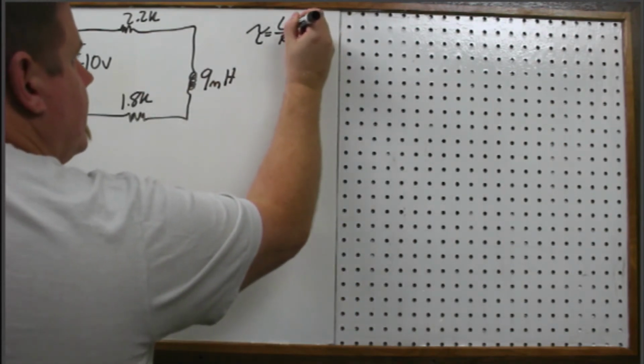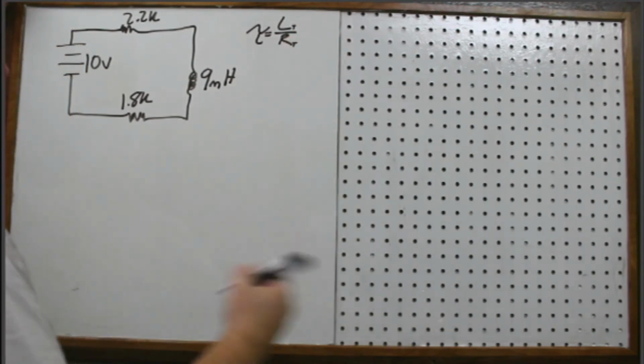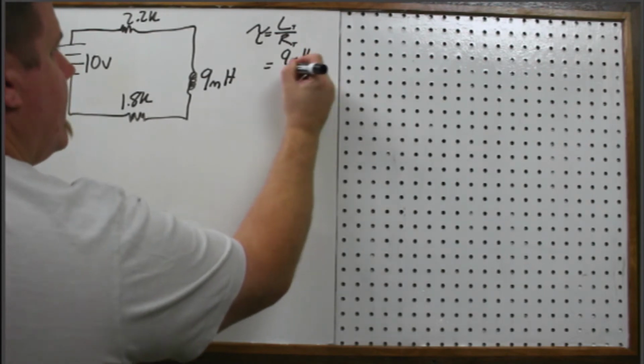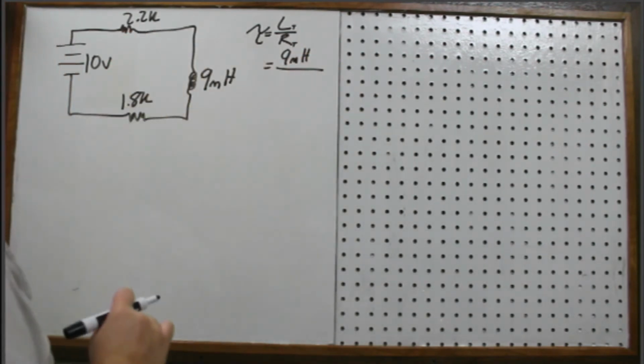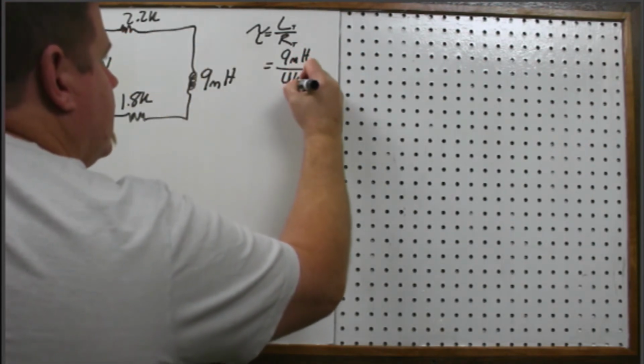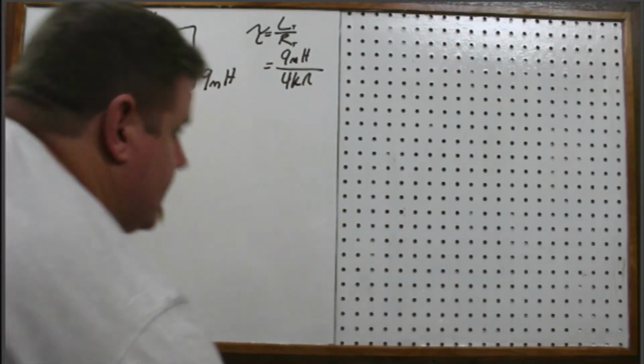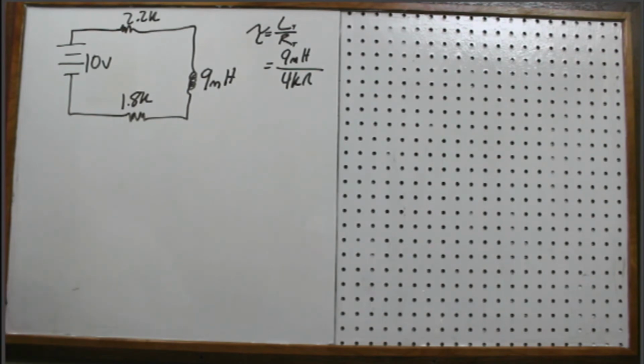So really you could look at this as sub T in each case. The total here is 9 millihenries of inductance, and then you add these resistors together, you get 4 kiloohms of resistance. So I'm going to take 9 milli divided by 4K.